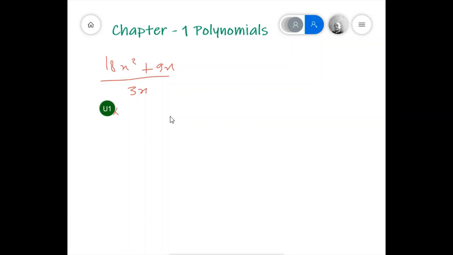Similarly, 9x can be written as 9 into x, upon 3x, which is 3 into x.